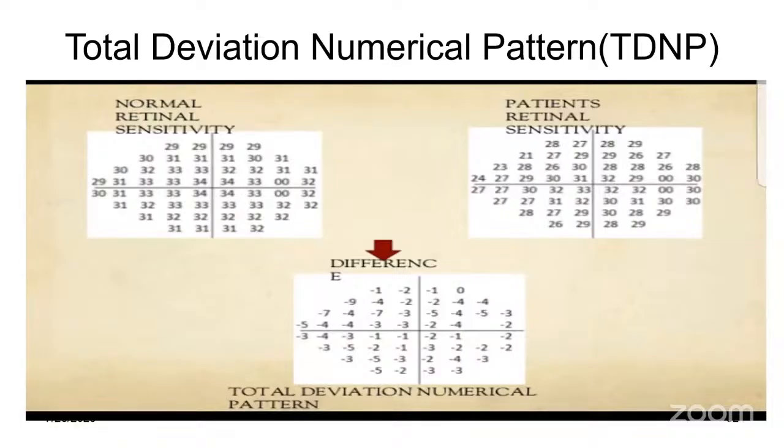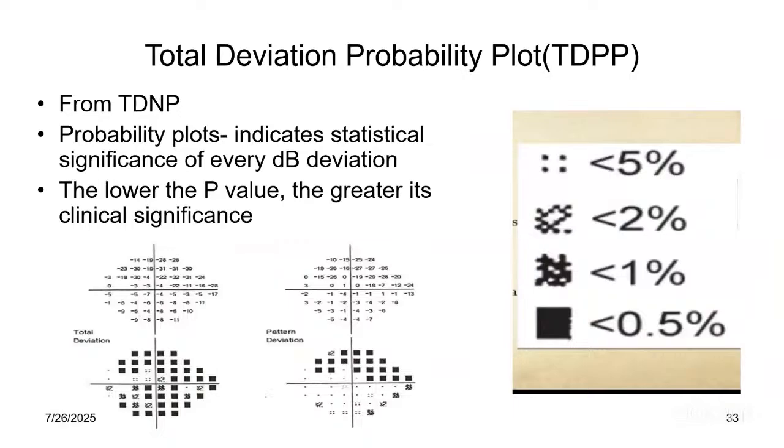All you need to do is subtract that of the patient from the normal, and that gets you the total deviation numerical pattern. And then the total deviation probability plot uses the total deviation numerical pattern you've gotten above to calculate the statistical significance of every one of those deviation points.